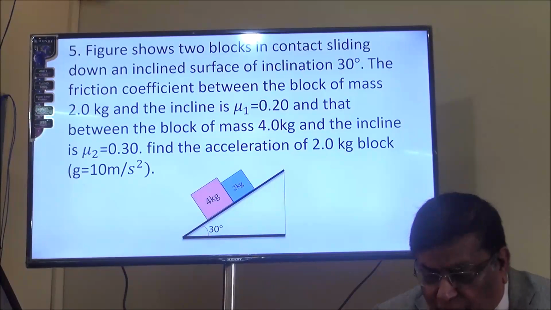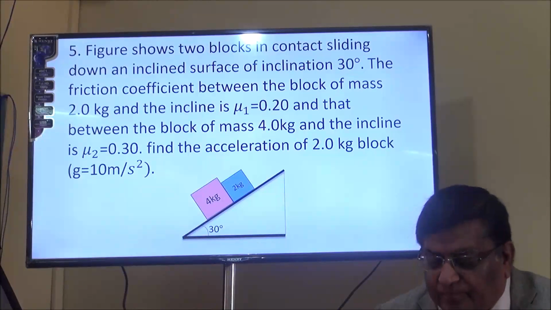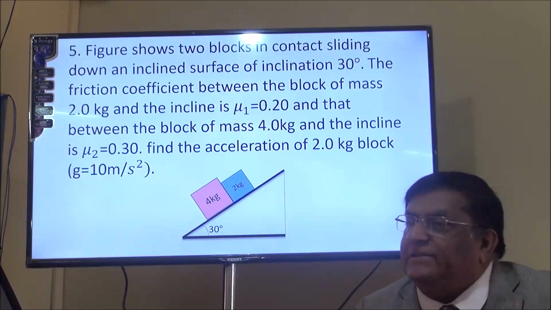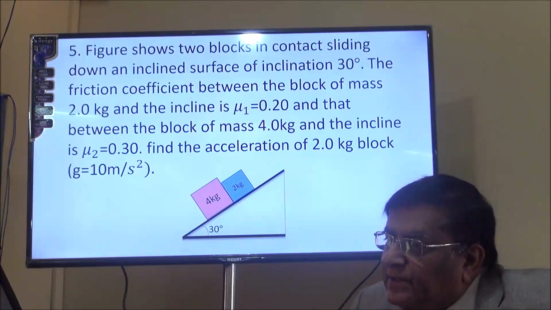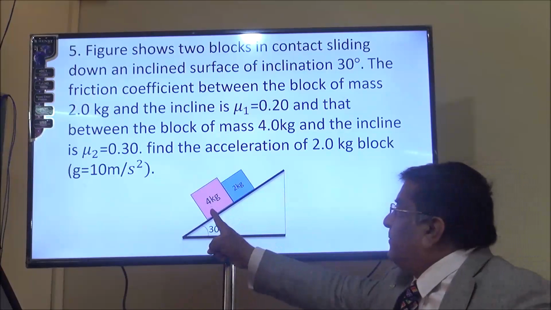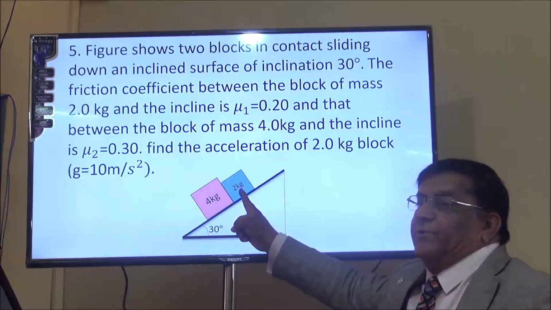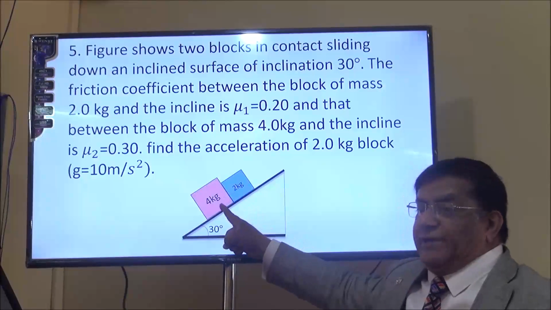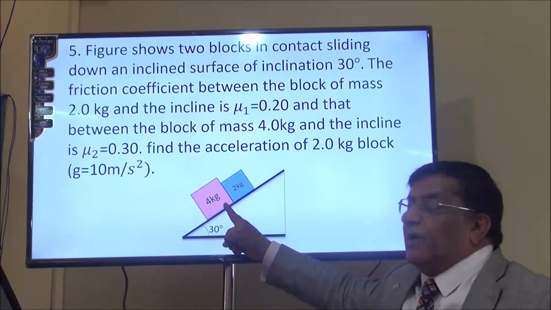And mu2 belongs to what? The friction coefficient between the block of mass 4 kg and the incline. So the 4 kg has 0.3, and this has 0.2. Where is friction more? 0.3.